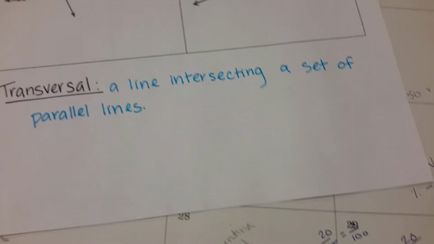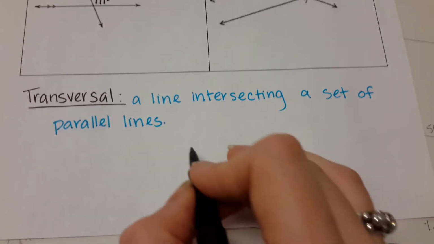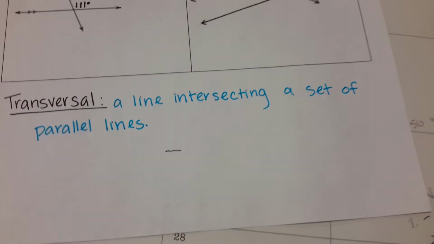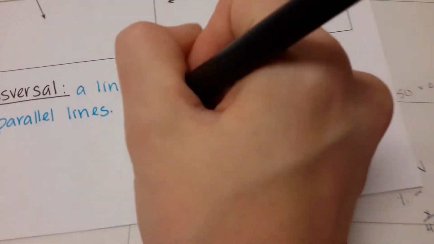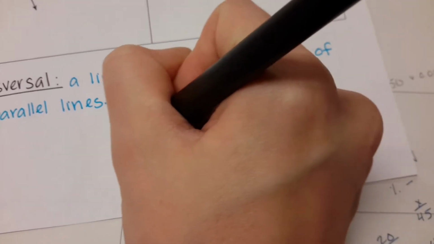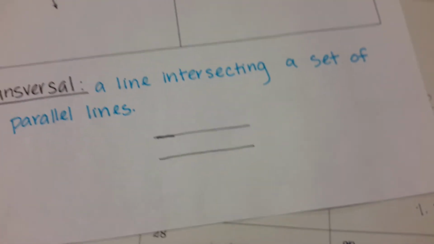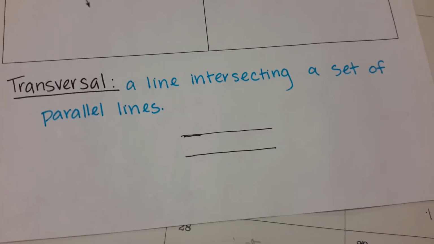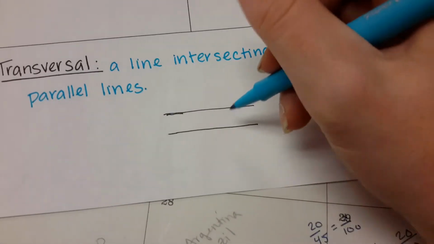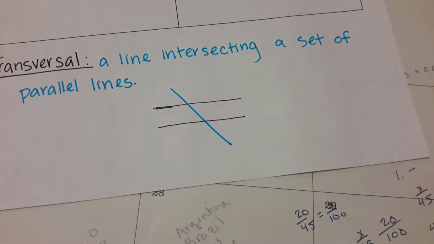So we can draw a set of parallel lines, and a transversal is a line that intersects those. It can intersect at any angle.